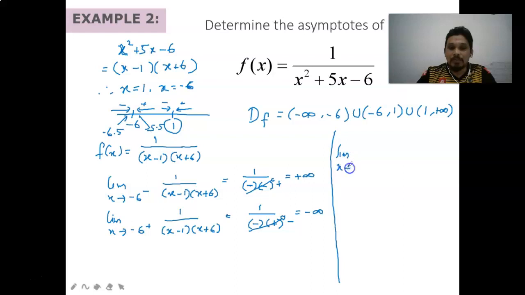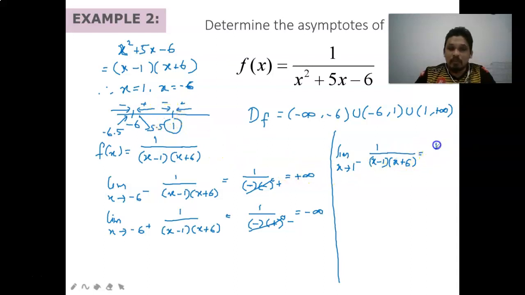Limit as x approaches 1 from the left of the function 1 divided by (x minus 1)(x plus 6). Okay, so x approaching 1 from the left. Let's say this is 1 and here is 0, let's say 0.5.